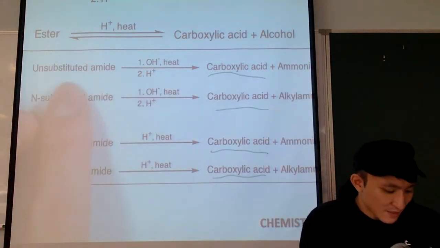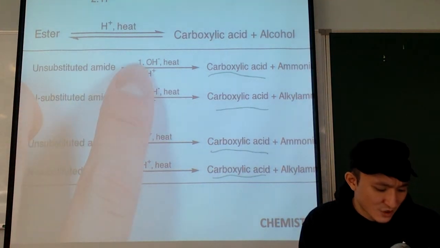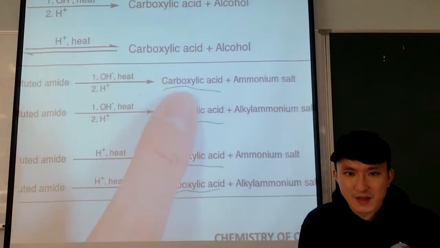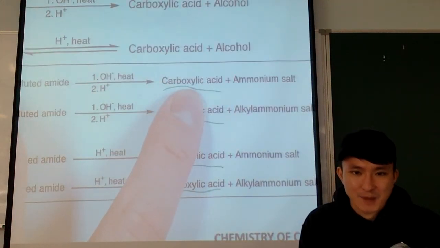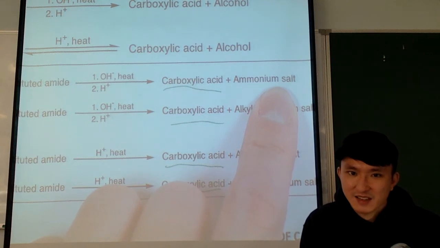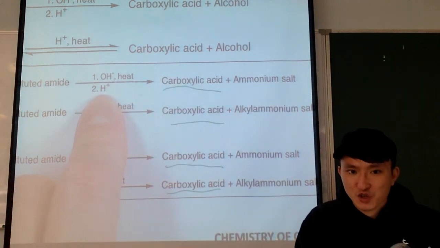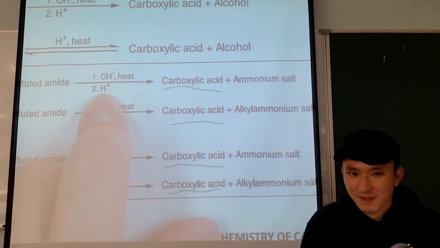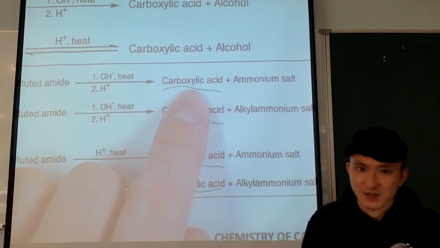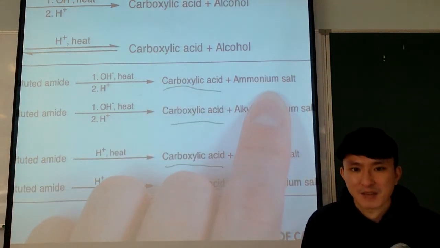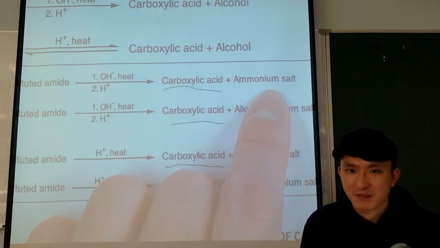So the unsubstituted amide, you can treat it with sodium hydroxide, heat it, so they will form carboxylate ion and ammonia. And then you will treat it with excess acid. So under an acidic medium, the carboxylate ion is converted back to carboxylic acid, and the ammonia will accept the H+, become ammonium salt.